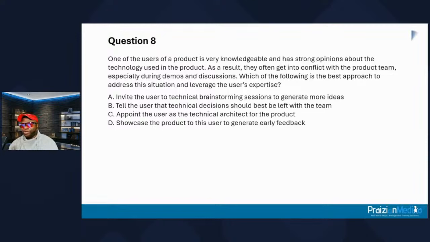A. Invite the user to technical brainstorming sessions to generate more ideas. B. Tell the user that technical decisions should be best left with the team. C. Appoint the user as the technical architect for the product. D. Showcase the product to this user to generate early feedback.